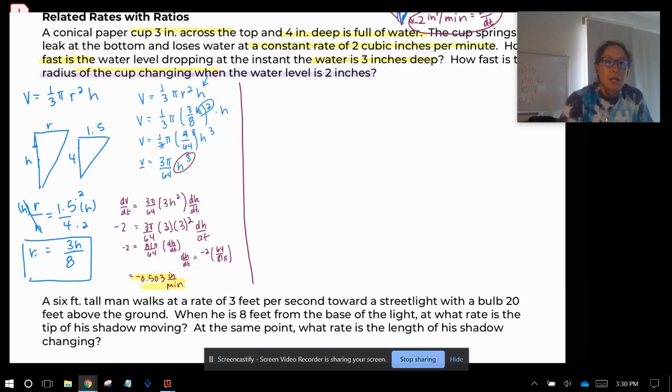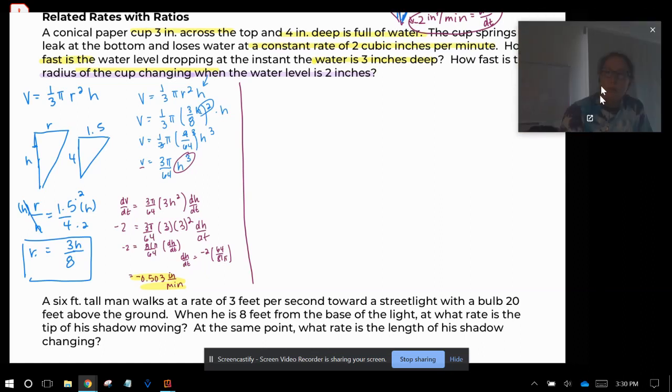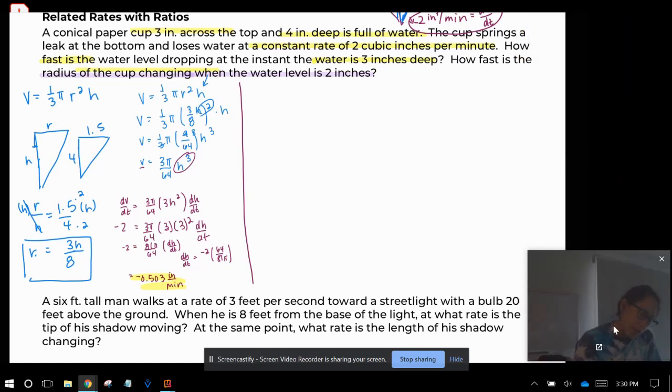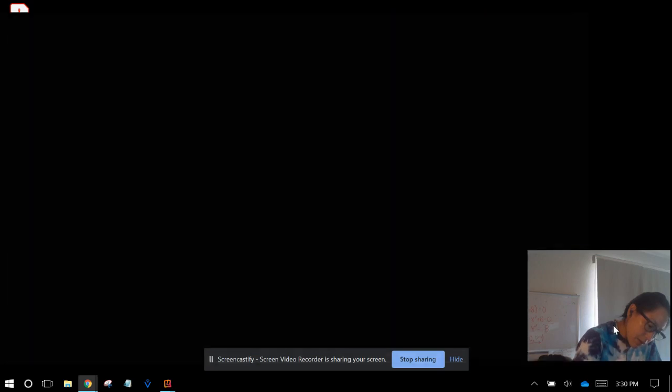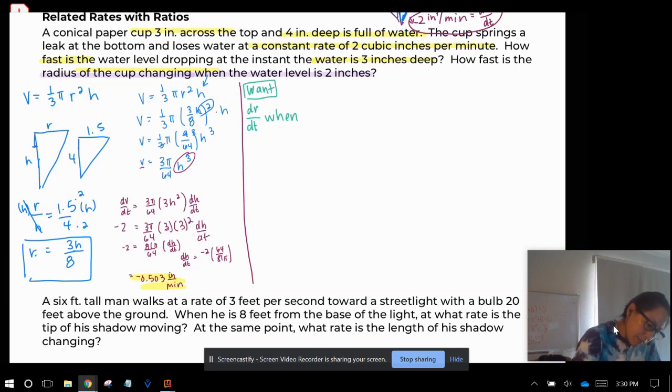The second part is, how fast is the radius of the cup changing when the water level is 2 inches? So how fast tells me that that is a rate. So we want dr/dt, the changing radius, when the water level, so when the depth or the height is equal to 2.